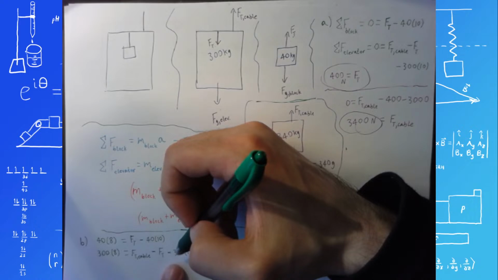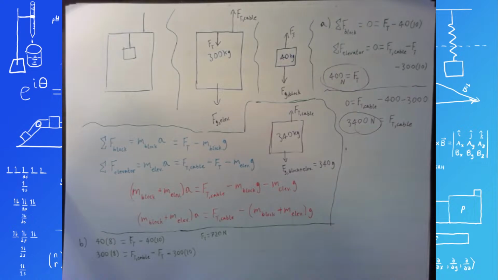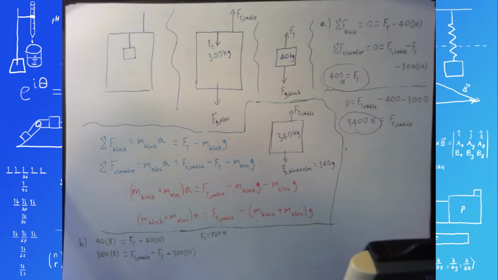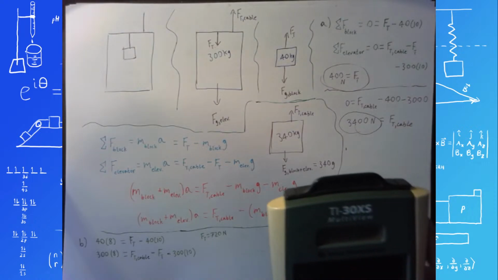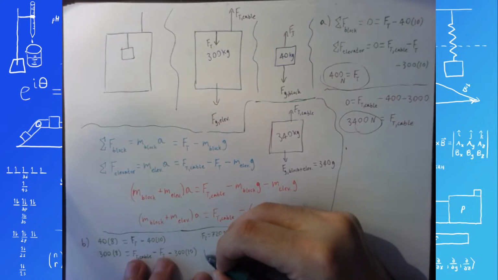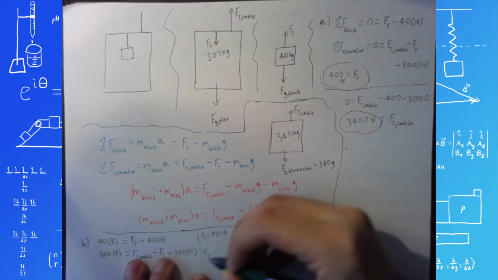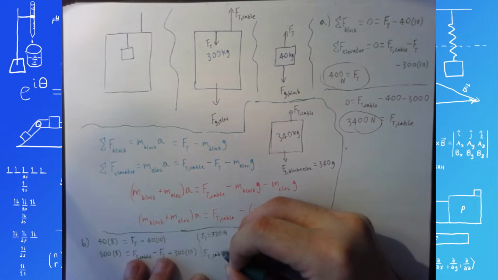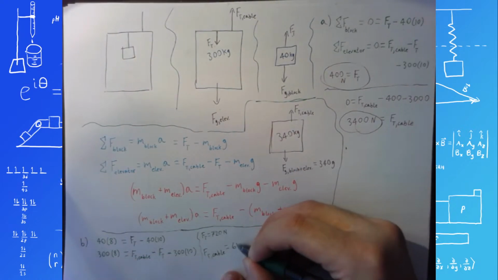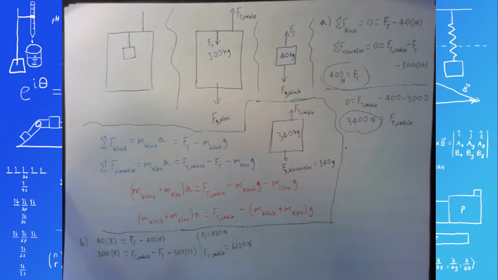That would be 6,120 if I'm not mistaken. Yep, 6,120. Okay, so force of tension in the cable is going to be 6,120 newtons.